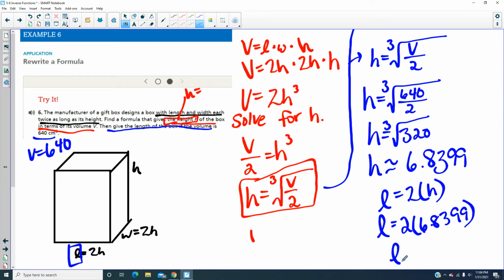So length is approximately 13.6798 centimeters.